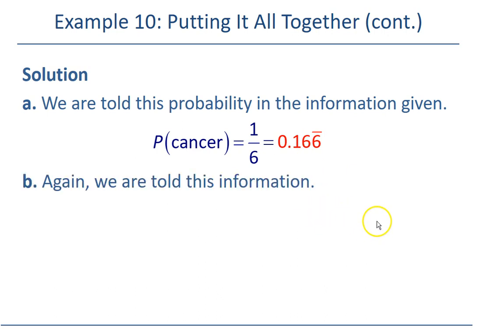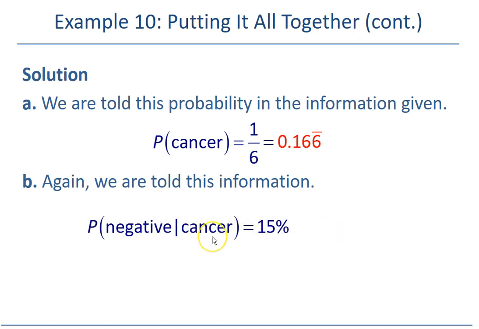For part B, again, we were told this, that those who have prostate cancer have a negative PSA test 15% of the time, which is 0.15.